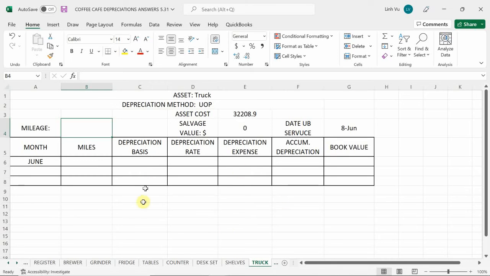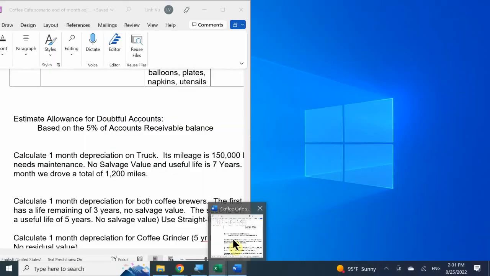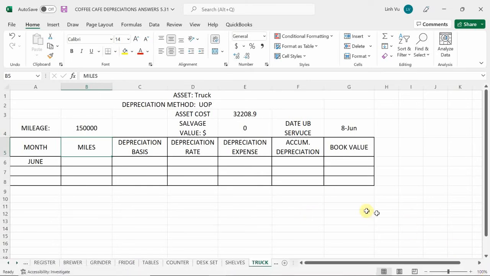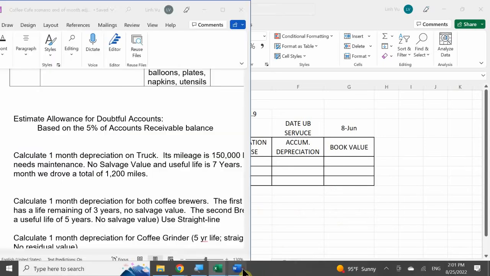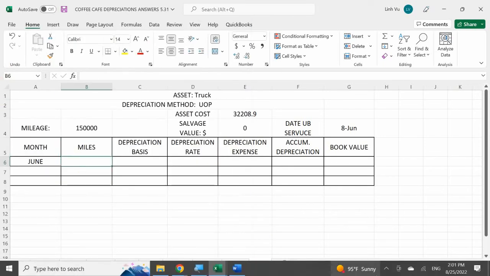How many miles is my capacity? 150,000, before it needs maintenance, meaning an oil change, maybe changing the tires, aligning the wheels. It can only be driven up to 150,000 miles before you have to start putting parts into it. Now, for the month of June, how many miles did I drive? 1,200.